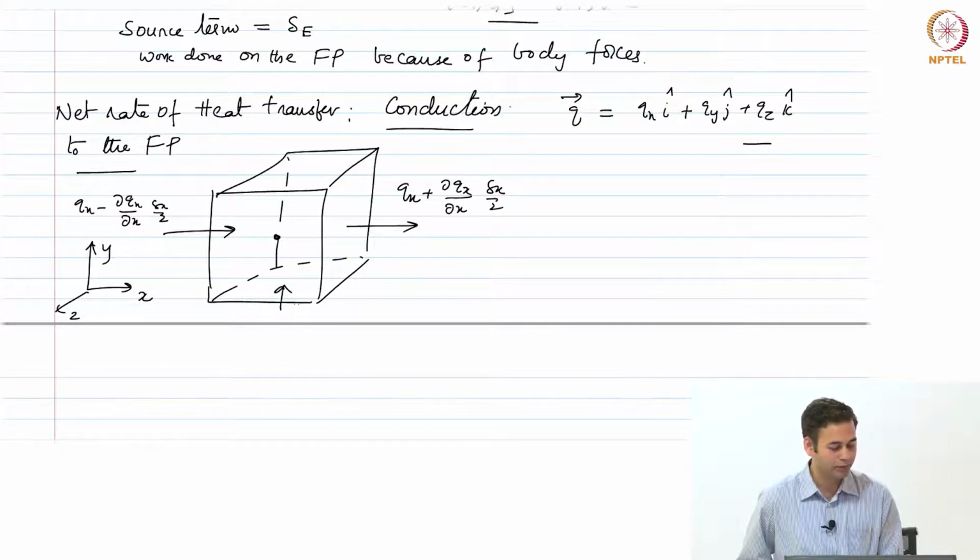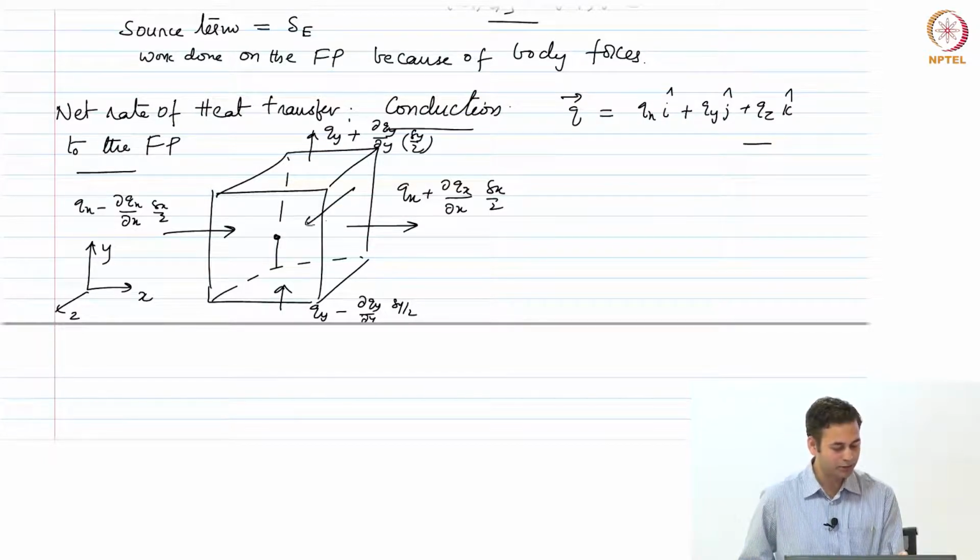Similarly, we have the heat flux coming in here, this is qy minus partial qy by partial y delta y by 2, and through here we have qy plus partial qy by partial y delta y by 2.